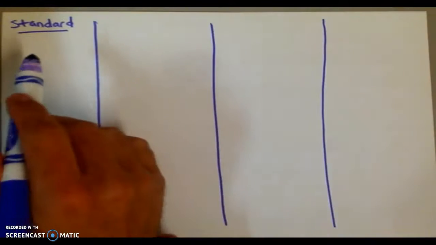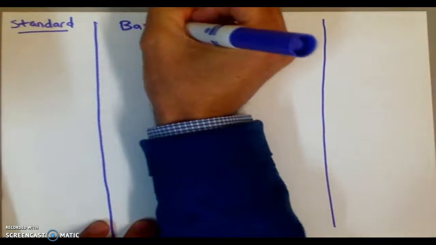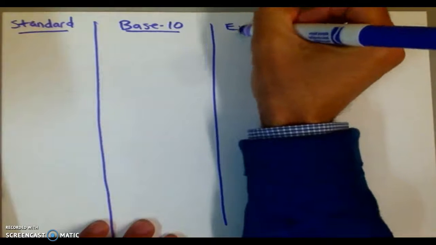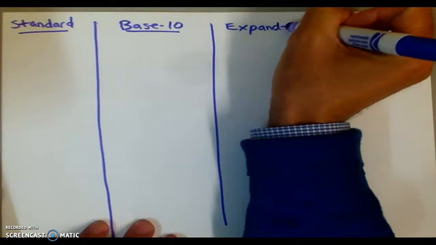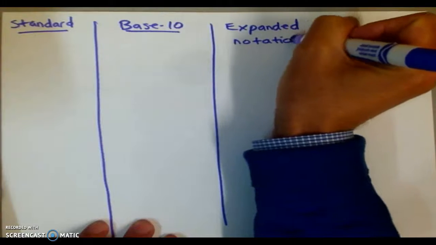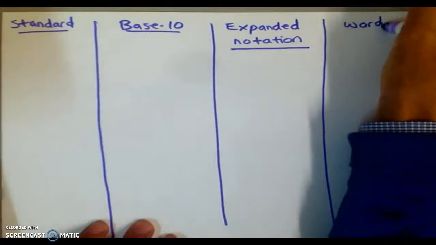Okay, so let's put standard here. Let's put base 10 here. Okay, we're going to put expanded, this is a kind of a mouthful, expanded notation. It's a lot. And over here we're going to write word.